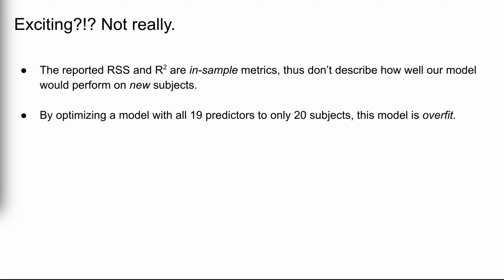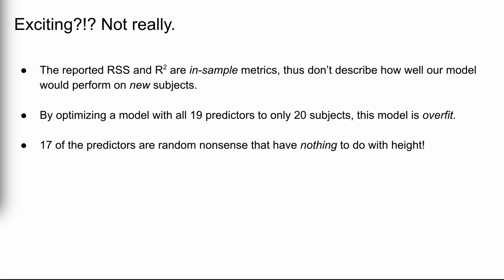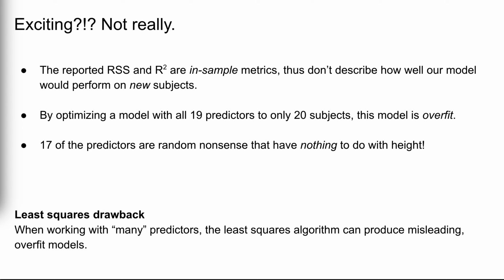Finally, 17 of our model predictors are random and have nothing to do with height. This all reveals a drawback of the least squares approach. When working with many predictors, the least squares algorithm can produce misleading, overfit models. Yikes.